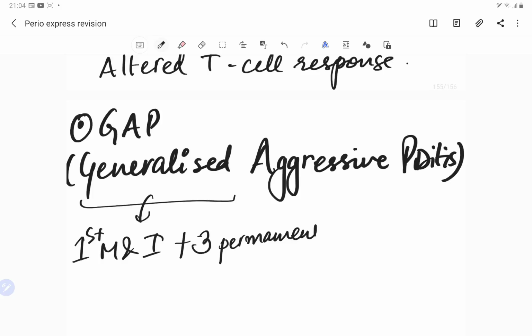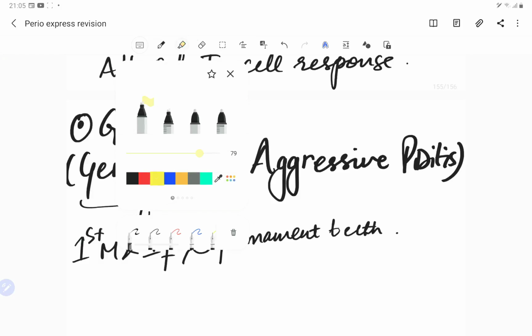And if you remember, in the localized aggressive periodontitis, there is an interproximal attachment loss on at least 2 permanent teeth along with the first molar or the incisors. So when it is more than 3, we call it the generalized aggressive periodontitis.